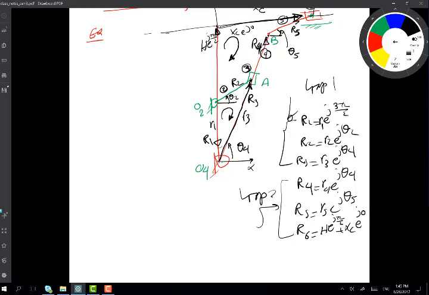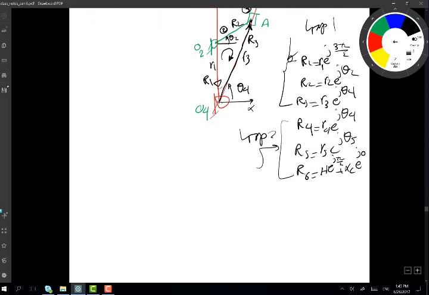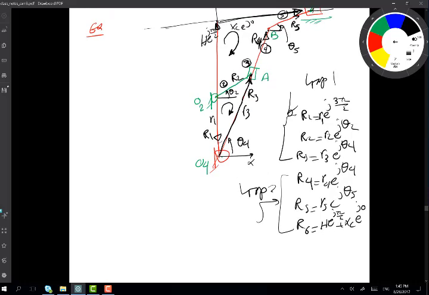So we can do the first loop, and then we can calculate theta 4 and omega 4 from this loop, and then we move on to the second loop, which is also a single degree of freedom, and then we can use this theta 4 and omega 4 as the input to the large loop separately. So a problem like this can be divided into two smaller problems, which are connected together to link the answer from one to the other.